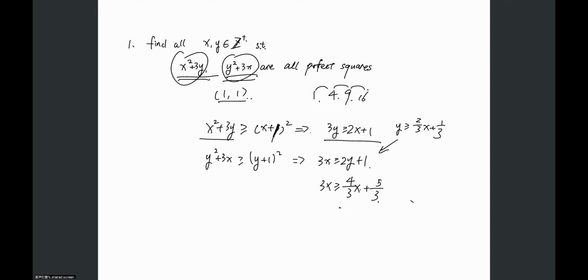So I may try letting x squared plus 3y be at least x plus 1 squared, and first check whether this will happen.